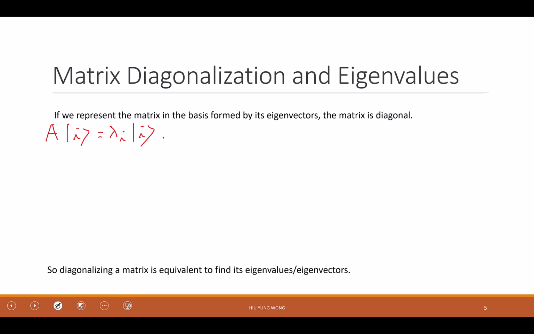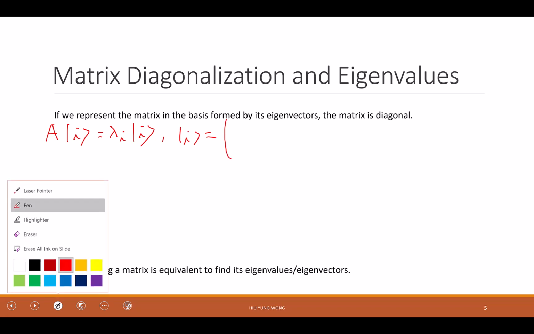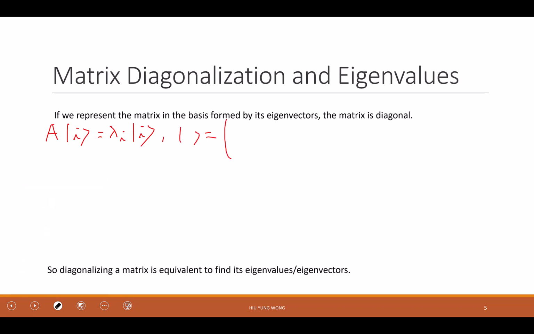What is I? If I represent its eigenvector in its basis instead of I, what is 0? It means what is the first eigenvector of A when I represent it in the basis formed by its eigenvector?